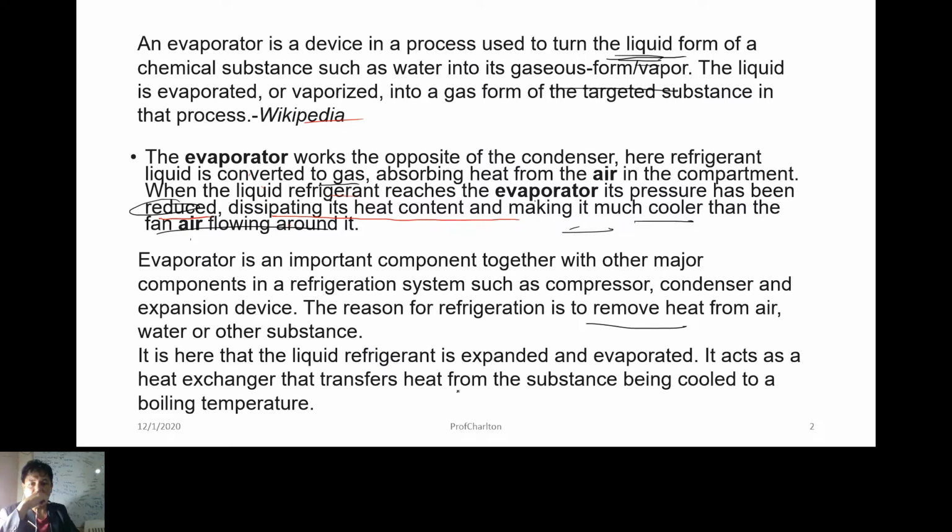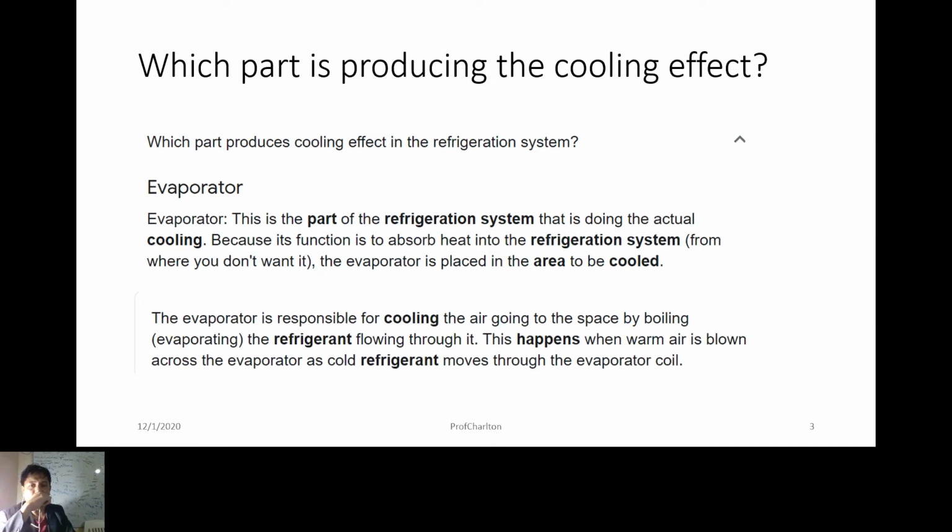It acts as a heat exchanger that transfers heat from the substance being cooled, like water or meat. The heat goes to the refrigerant, which then boils in the evaporator. So now, where is the cooling effect being produced?